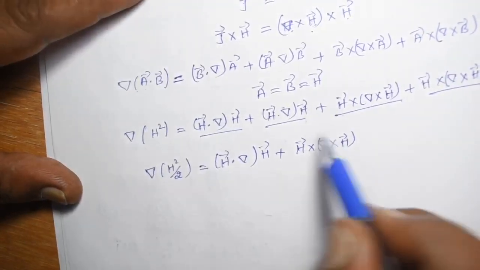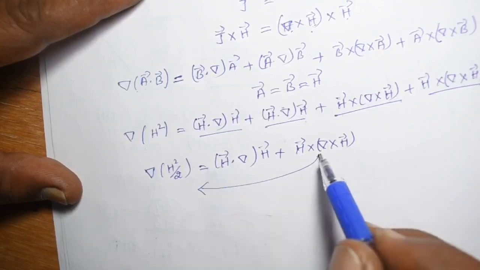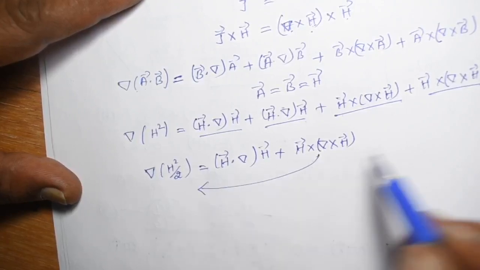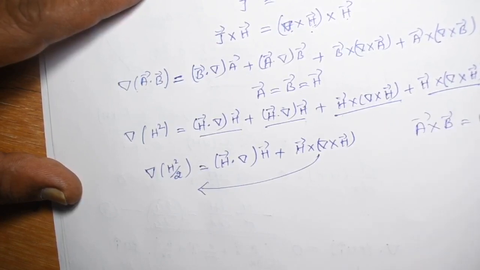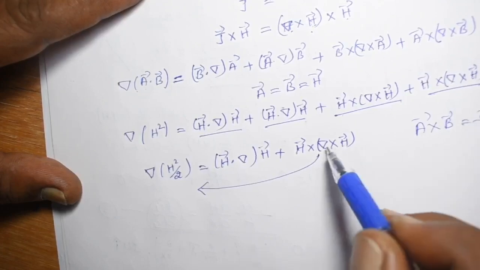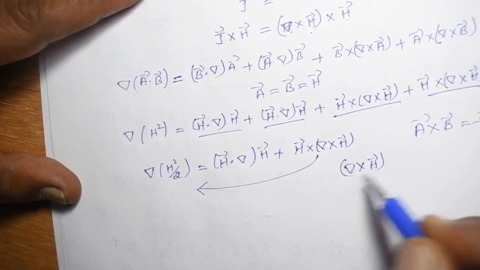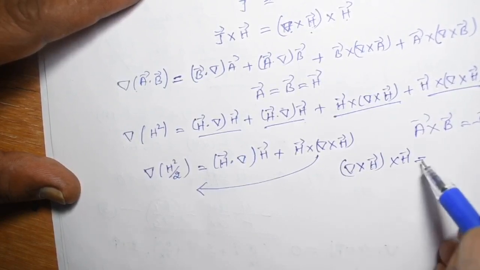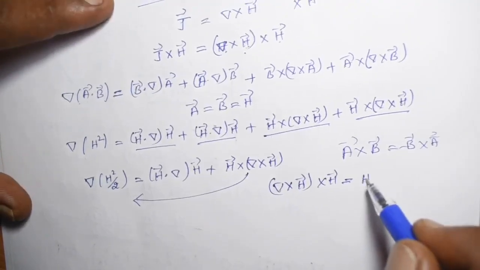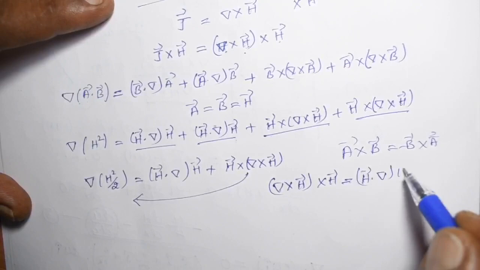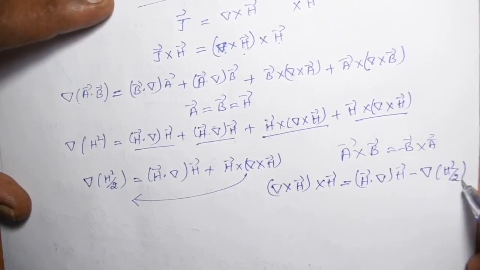Now I take this term to the other side, which gives a negative sign. To avoid the negative sign, I write A cross B instead of minus B cross A. Then del cross H cross H becomes H dot del of H minus gradient of H squared divided by 2.